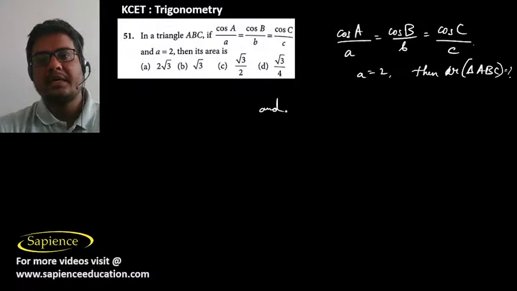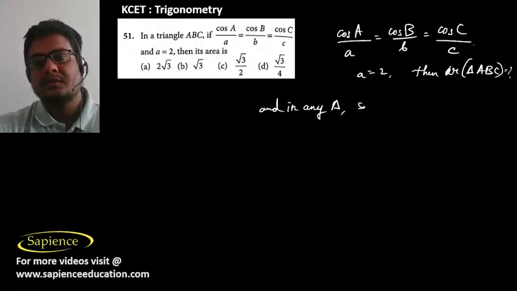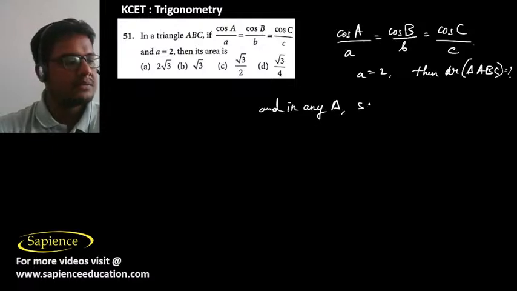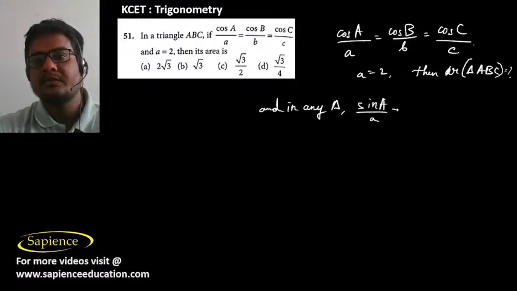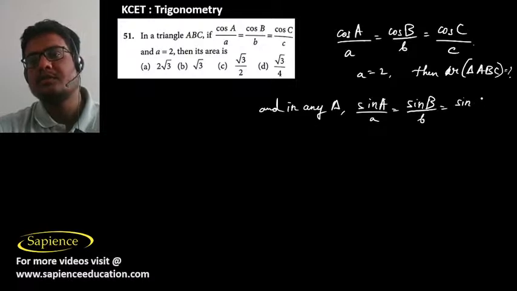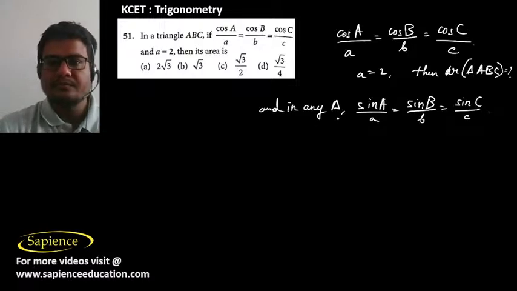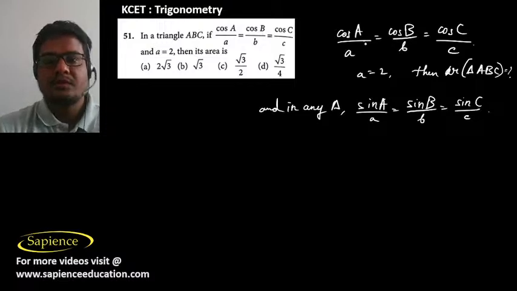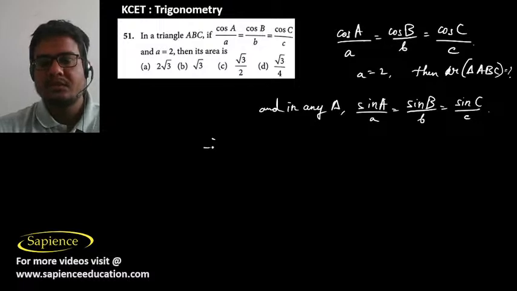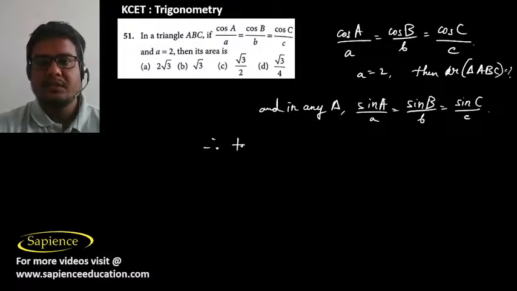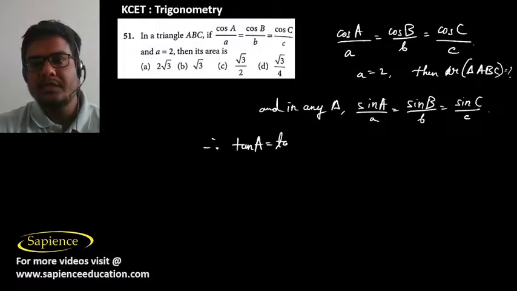In any triangle we know that a by sine A, or I can say sine A by a, is also equal to sine B by b, that is also equal to sine C by c. So now if we divide these two equations, then we get that tan A is equal to tan B, that is equal to tan C.